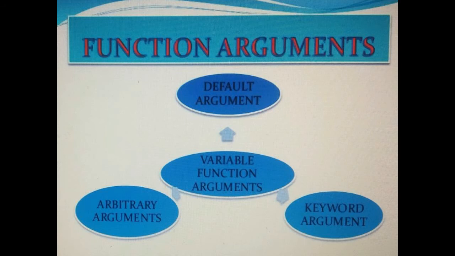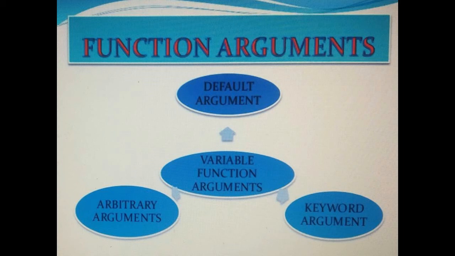Okay, let us see the function parameters and arguments. Parameters are the values provided in the parentheses when we write the function header. On the other hand, an argument is a value that is passed to the function when it is called. The alternative names for arguments are actual parameter and actual argument.